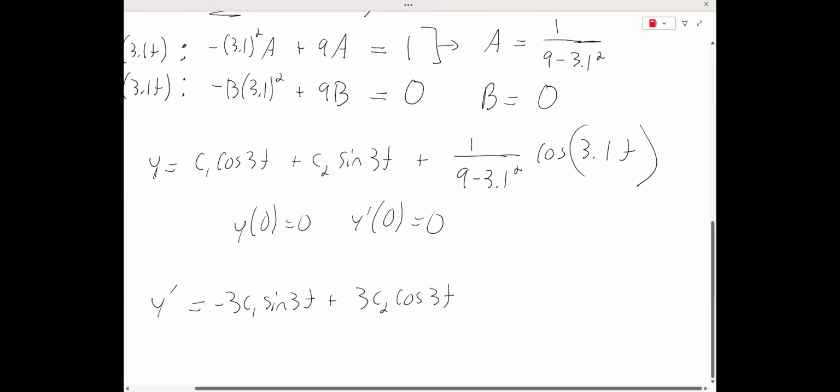And the derivative here turns negative and kicks out 3.1. So you get 3.1 over 9 minus 3.1 squared cosine 3.1t, like this.